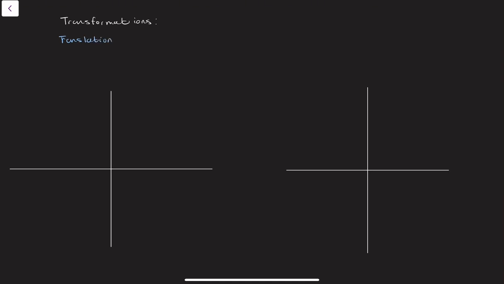So a translation is just a type of function transformation in which we move a function either up or down, left or right, in reference to the coordinate system. So let's say we have x, y, and this is f of x. So I'll write down the translations, and then we can go through them afterwards.